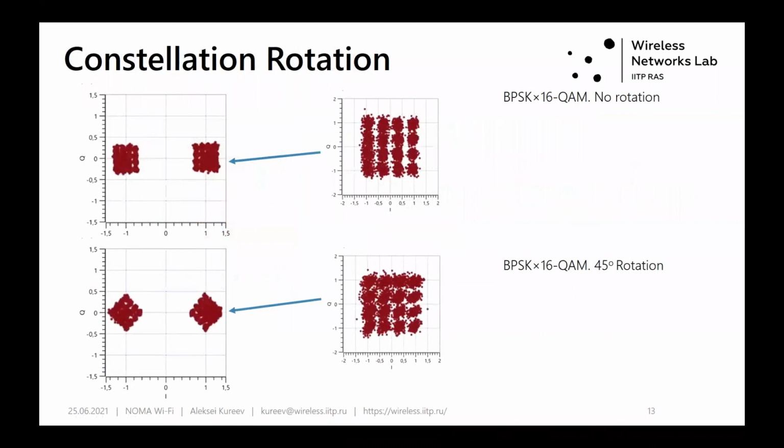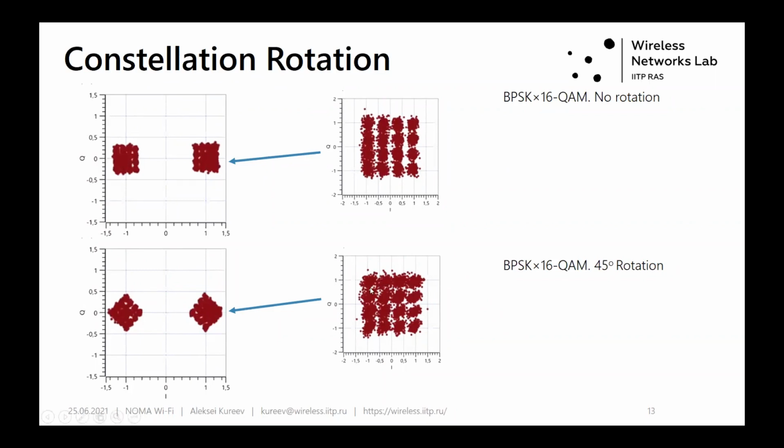The way to beat this phase noise, or just decrease its influence, is to rotate the constellation of the secondary frame, which is used in downlink transmission. Here we see an example of a combination of BPSK and 16QAM with no rotation, and we see that phase noise distorts the signal and these constellation points are smeared.